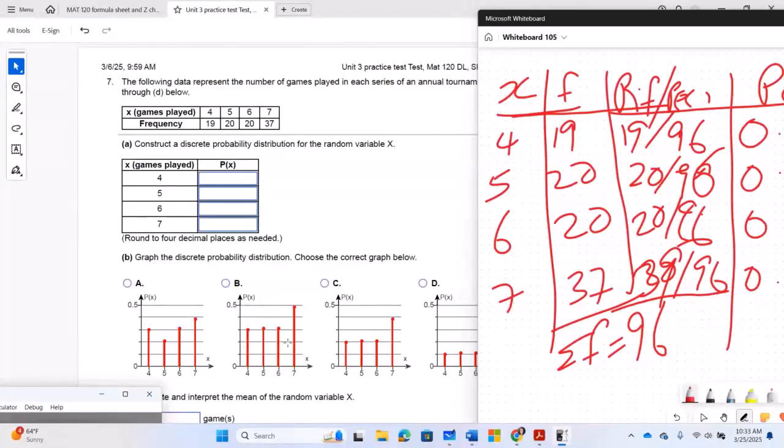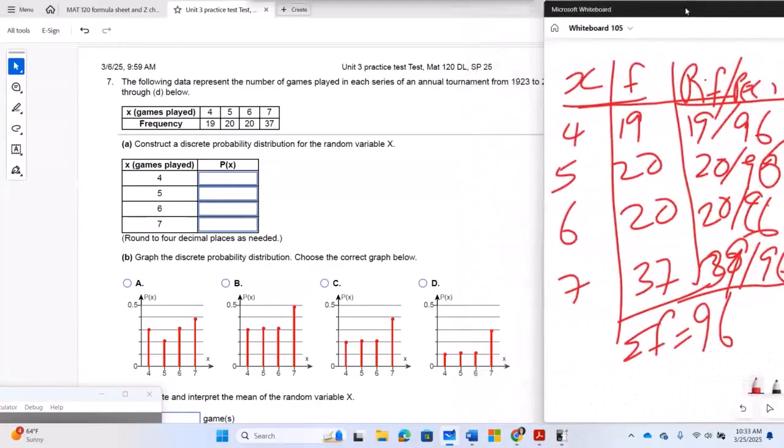No. So B is wrong because it's supposed to be 0.2. Well, this looks good because it's 0.2, almost 0.21, 0.2, and then this is 0.4. So C looks good. Let's look at how D is. It is not 0.1. The probability column says 0.2, 0.21, 0.2 again. That means that the correct answer is C.